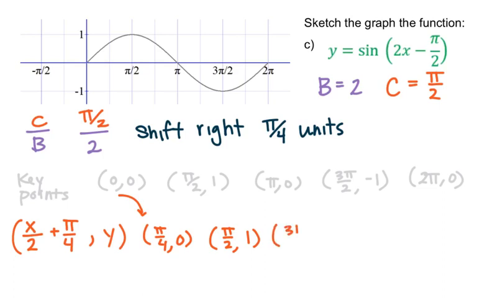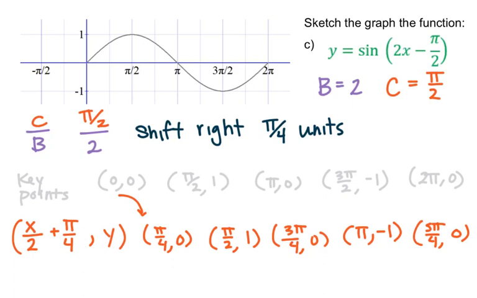Now I have 3 pi over 4, 0. 3 pi over 2 divided by 2 is 3 pi over 4, plus pi over 4 takes me to pi, negative 1. And then 2 pi divided by 2 is pi, plus pi over 4 gives me 5 pi over 4, 0.